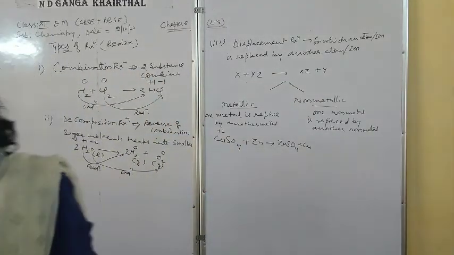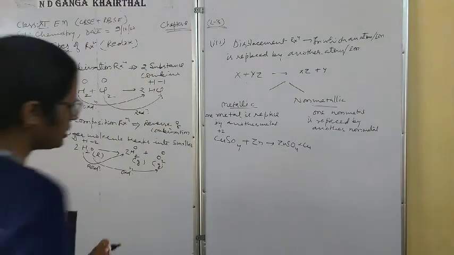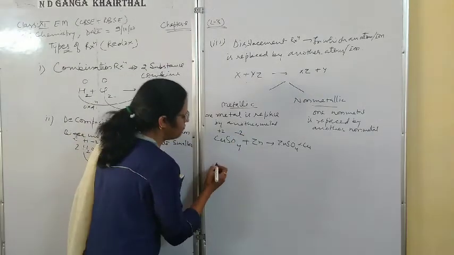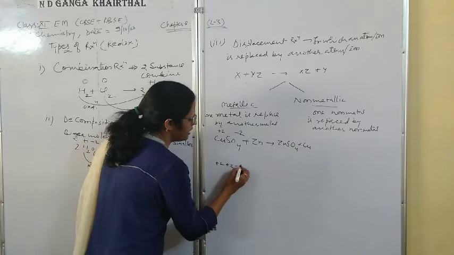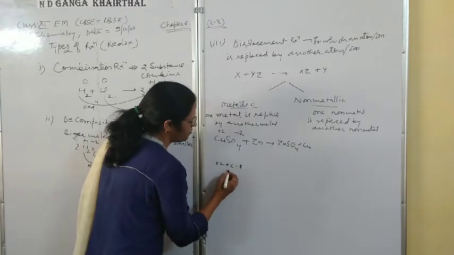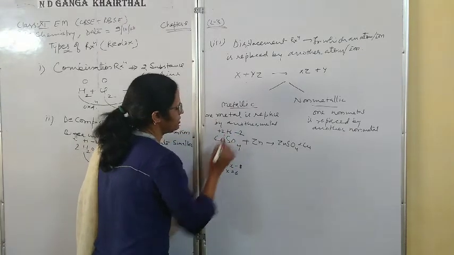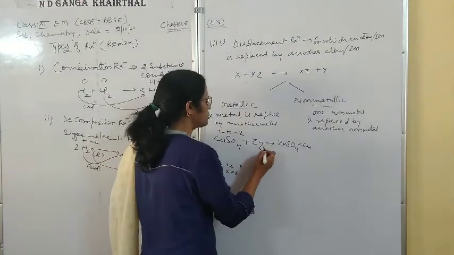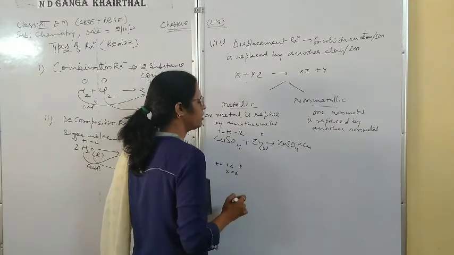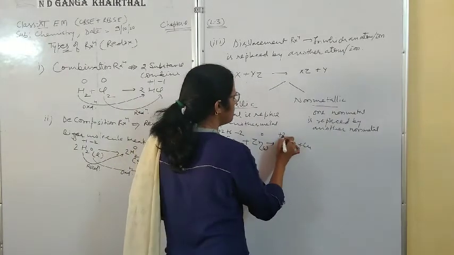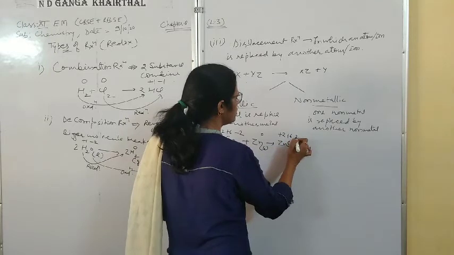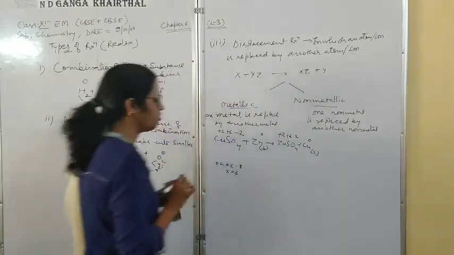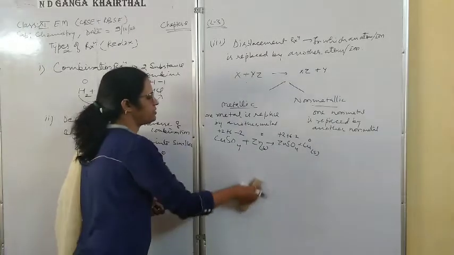To find the sulfur, plus 2 plus X minus 8, so X will be 6. So here sulfur is plus 6. Clear? And Zn is in solid form, so it's 0. Here again Zn is plus 2, sulfur is plus 6, oxygen is minus 2 and copper is 0. So here the metal is displaced.